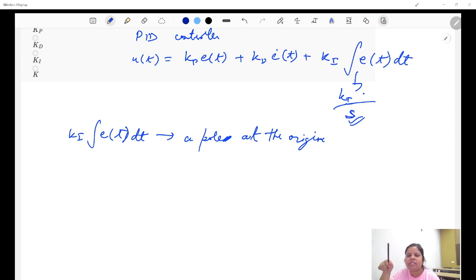It can make the system unstable if not properly tuned. Also, high Ki can cause instability due to integrator wind up or excessive oscillations. So what is integral wind up? We'll come to that later. Also, improper combination of Kp, Ki and Kd can also lead to instability, but Ki is the most problematic when it comes to destabilization if it is not tuned properly.